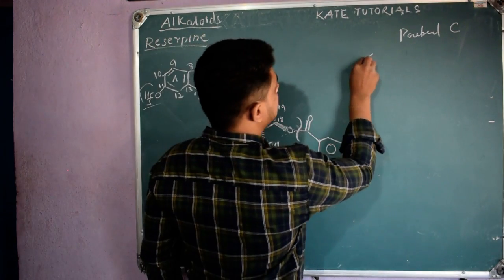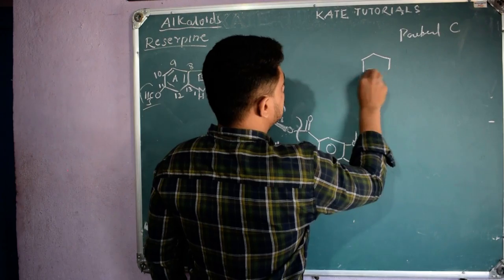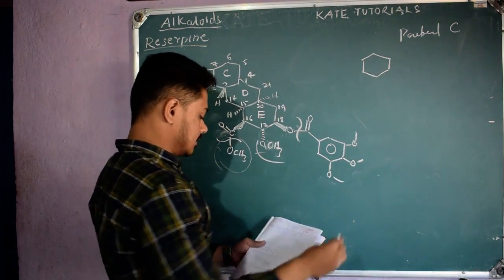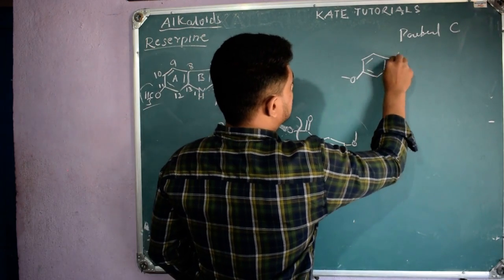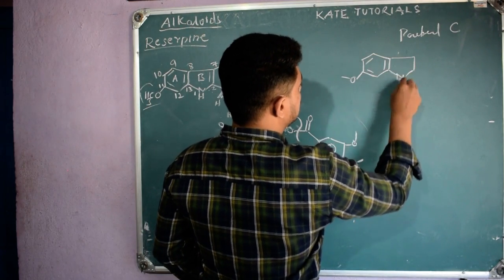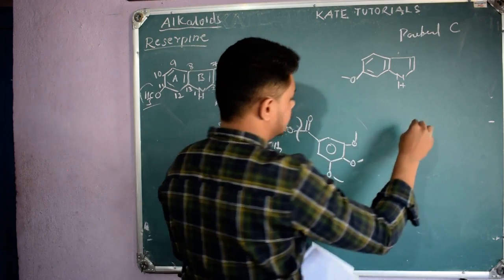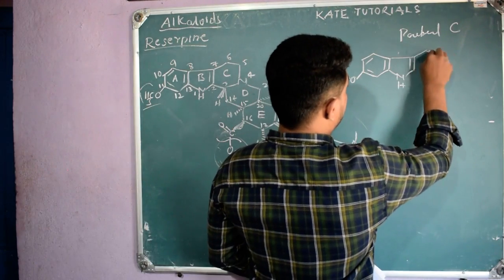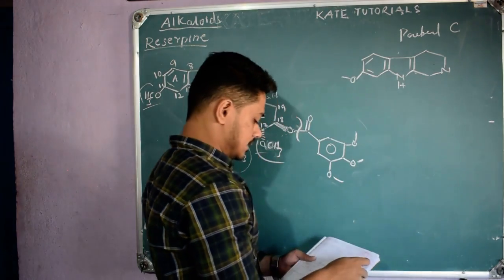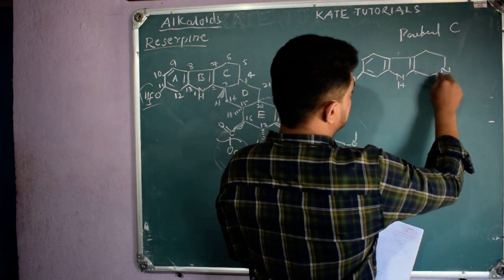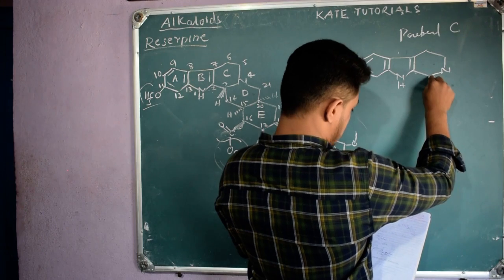So it is like this, OCH3, and here I have NH, and I have this ring like this, and these two rings will be there, like this.